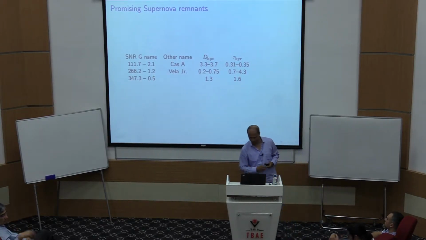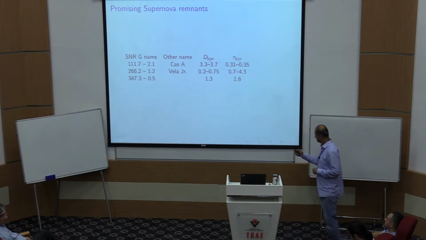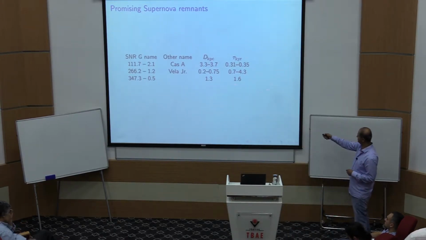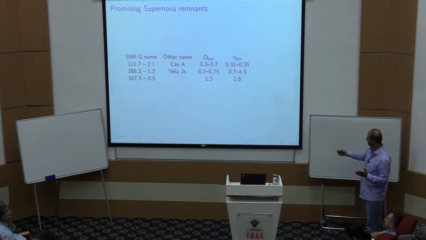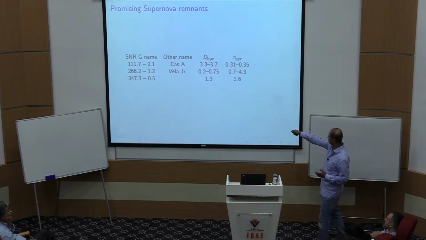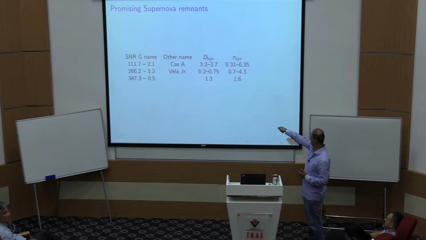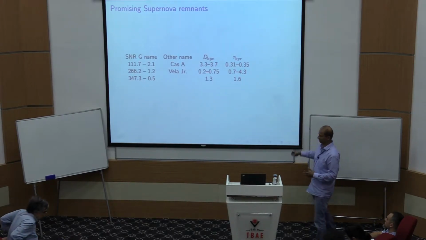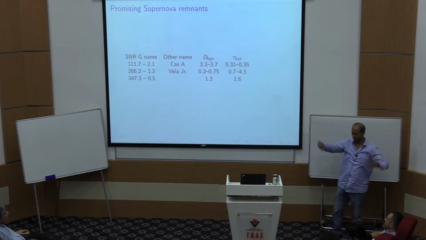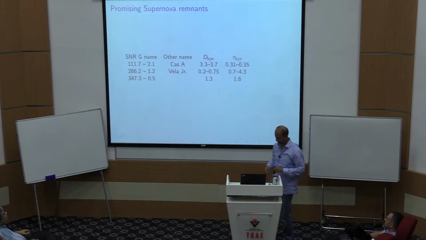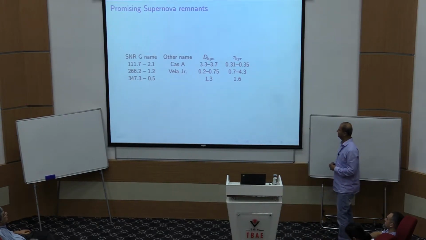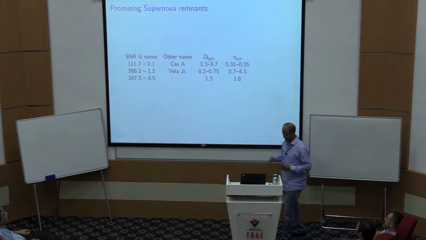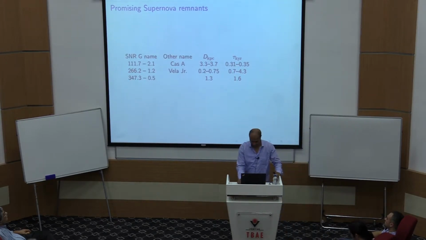You don't have to care about what it is. This tells you the distance to the source, and this is its age as far as we can tell. And there are uncertainties for Vela Junior, so it's either close and young, or it's far and somewhat old. That is simply the geometry of the expanding nebula. So optimistically, we would like this to be close and young. But again, that's something that we'll know later.